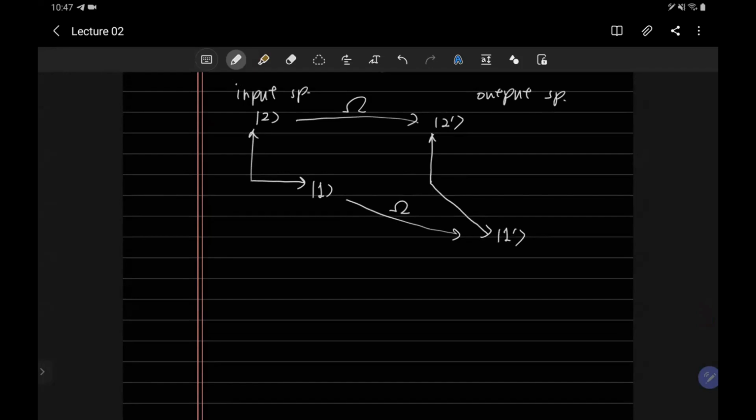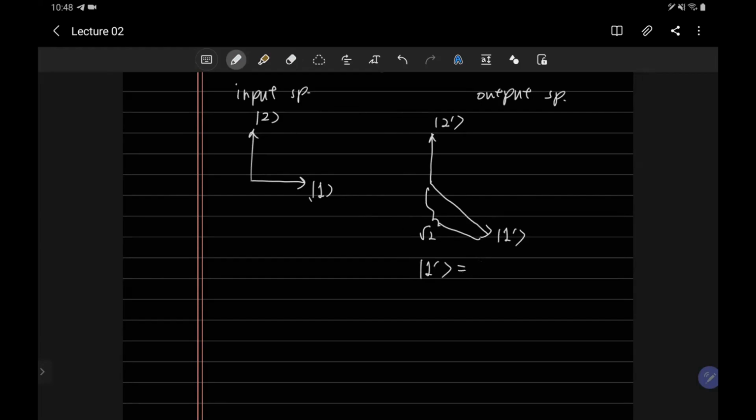Each basis vector in the input space maps to 1 prime, and basis vector 2 will be mapped to 2 prime. To give you a concrete example, let's assume that the length of this 1 prime is square root of 2.